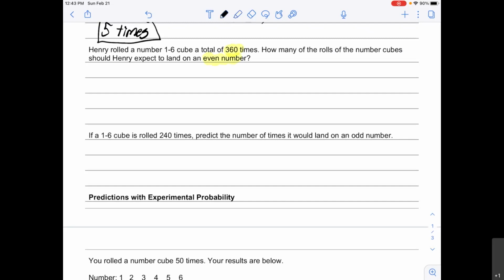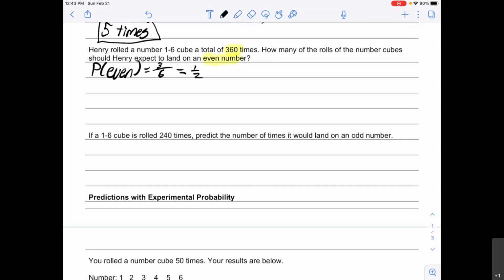Okay, so to solve this problem, the first thing I want to know is the probability that I roll an even number if I roll a dice. So the even numbers on the dice would be 2, 4, and 6. So there's 3 ways to get an even number, and there are 6 total sides. So my probability of getting an even number is 3/6, which simplifies to 1/2.